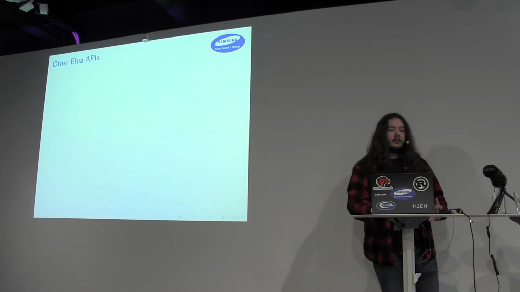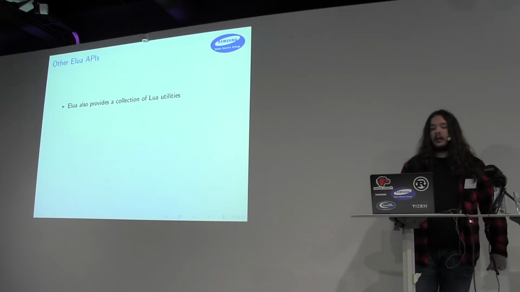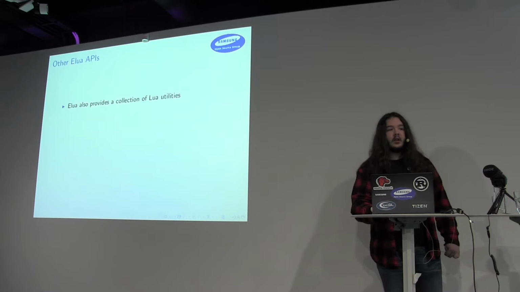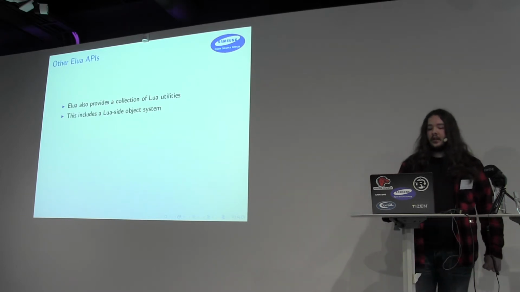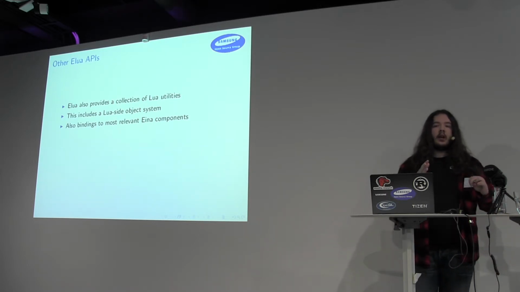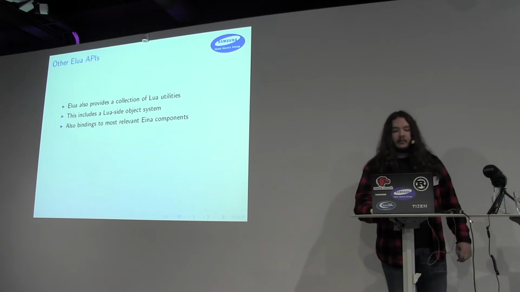There are a few other APIs provided by eLua. Like a collection of Lua utilities which are useful for application development. And this provides a Lua side object system, so eventually you'll be able to, say, inherit from EO classes inside of Lua and provide your own extension functionality on your own.